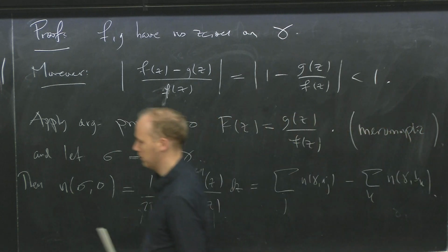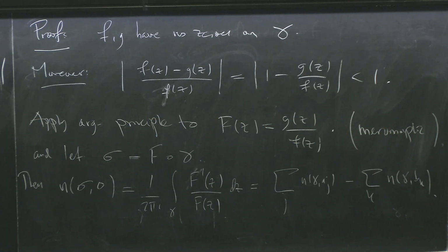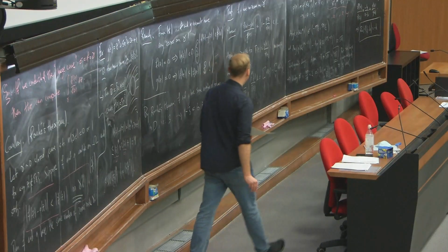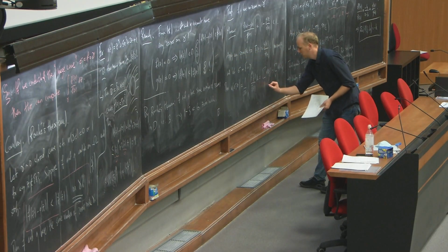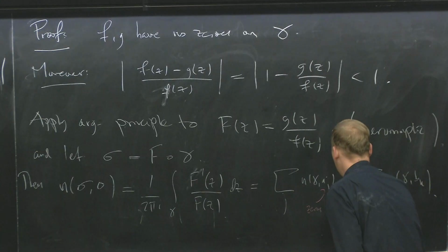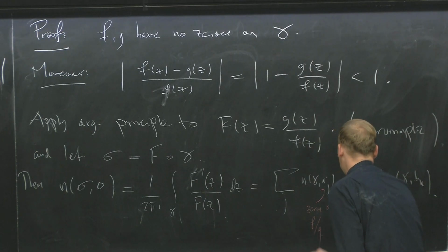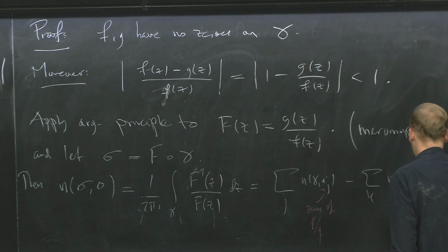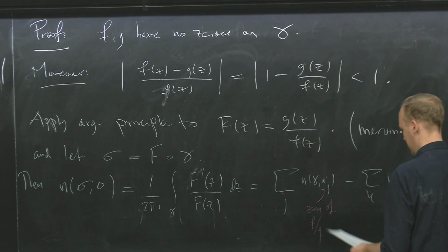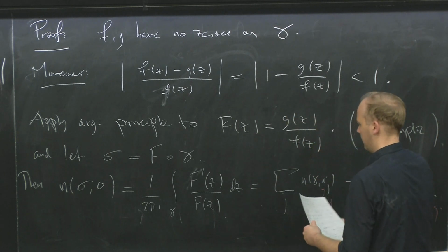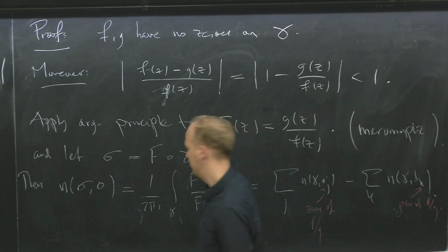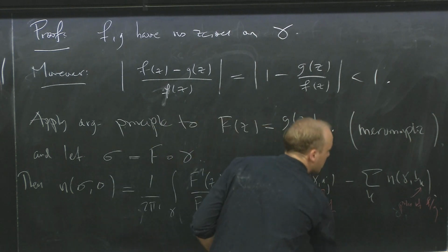So I will write this. These are zeros of f over g, okay, and these are poles of f over g, okay.